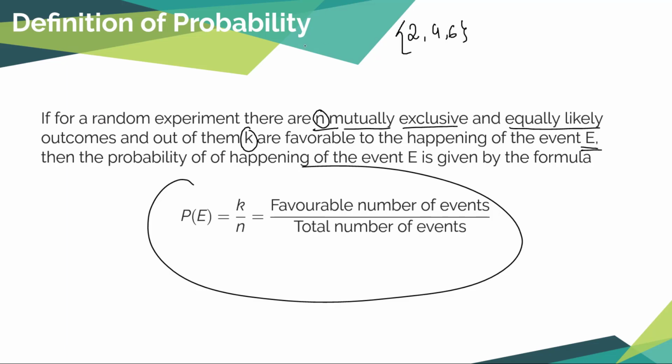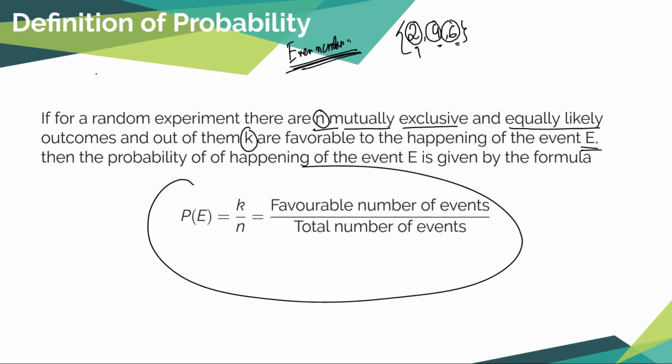So my event is even number, and the set for even number was 2, 4, 6. This is a sample point, this is a sample point, this is a sample point, and these are outcomes basically. So for this event of even numbers, I have 3 different outcomes that support this: 2, 4 and 6 support that they are even numbers.